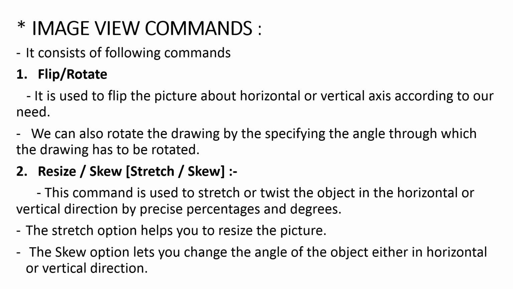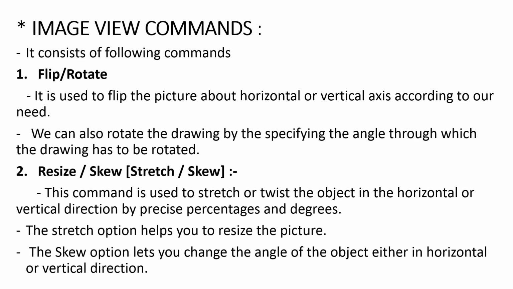And the skew option lets you change the angle of the object in either the horizontal or vertical direction. Now, one by one we will see how to use the image view commands inside Paint.